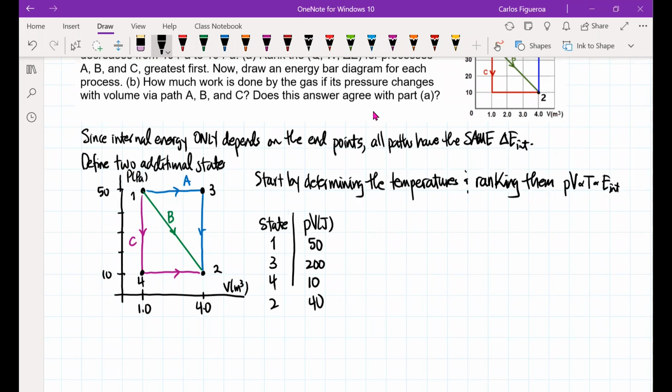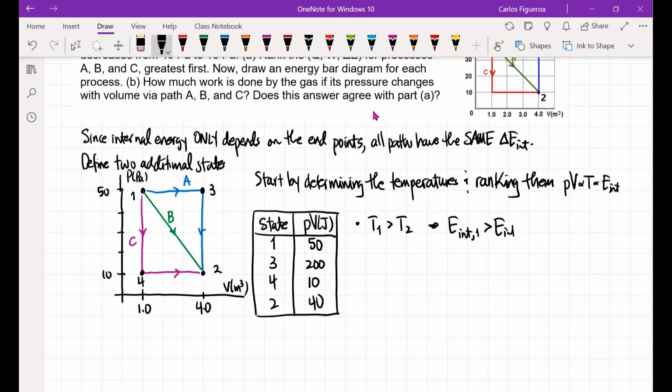So just by setting up this little table, this is telling me about the temperatures. So now I can immediately state that T1 is greater than T2. So this implies here that the internal energy at 1 is greater than the internal energy at 2.